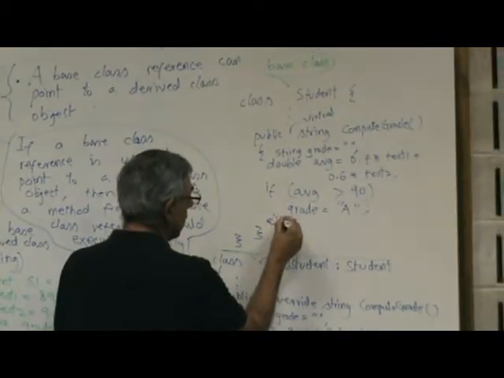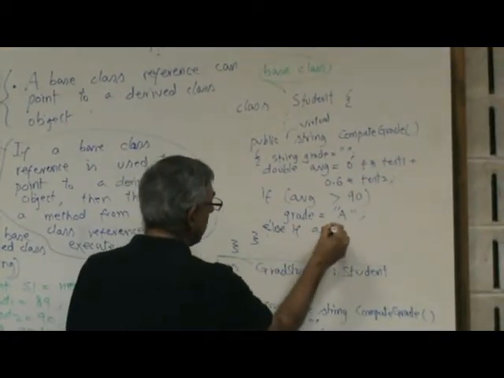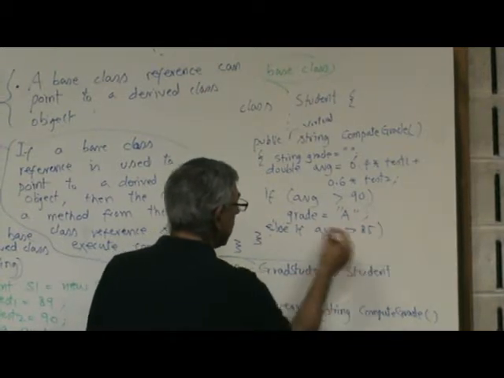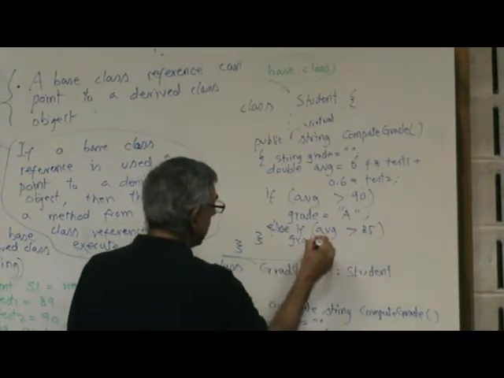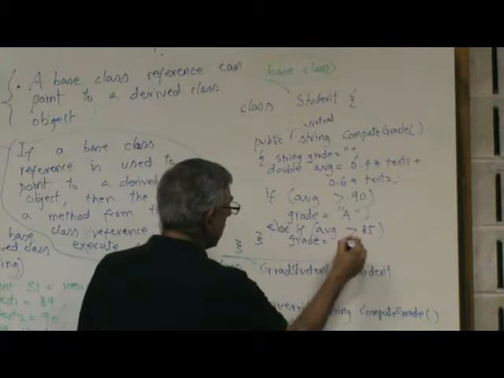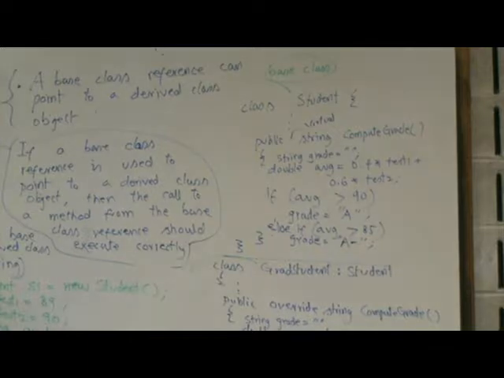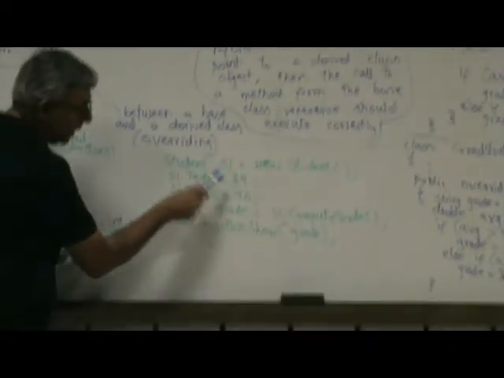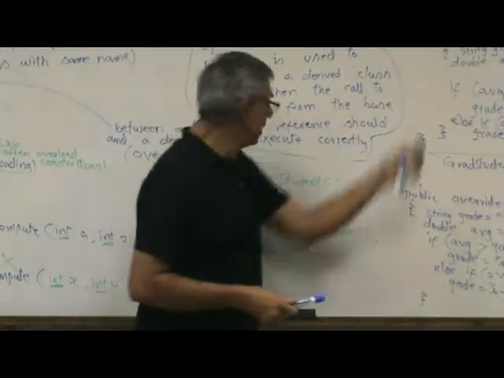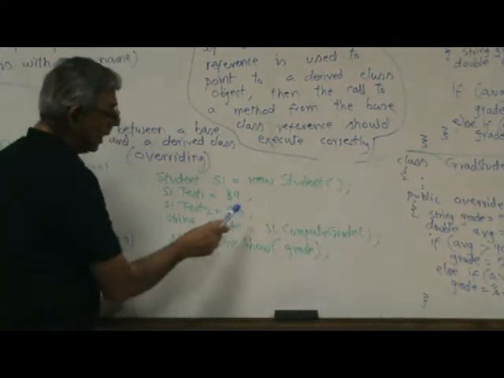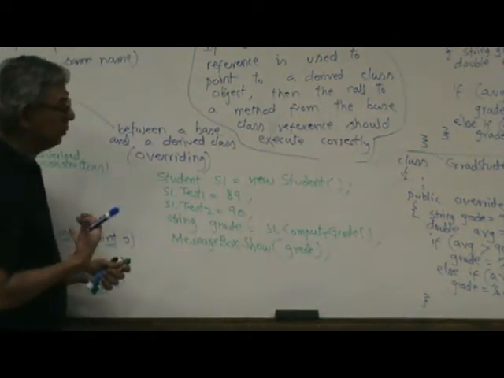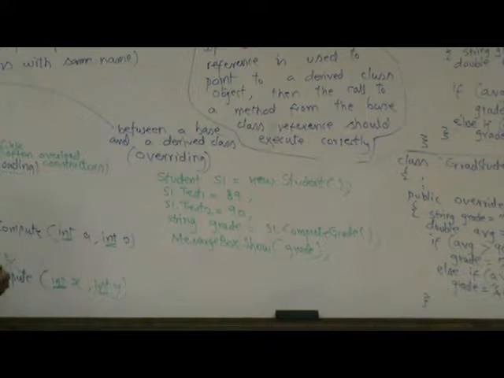So else, let me also put else if average is greater than 85, then grade equal to A minus. Anyway, you can see this is given 0.4 weight, this is given 0.6 weight. So if we did the average, will it come out to be greater than 90?